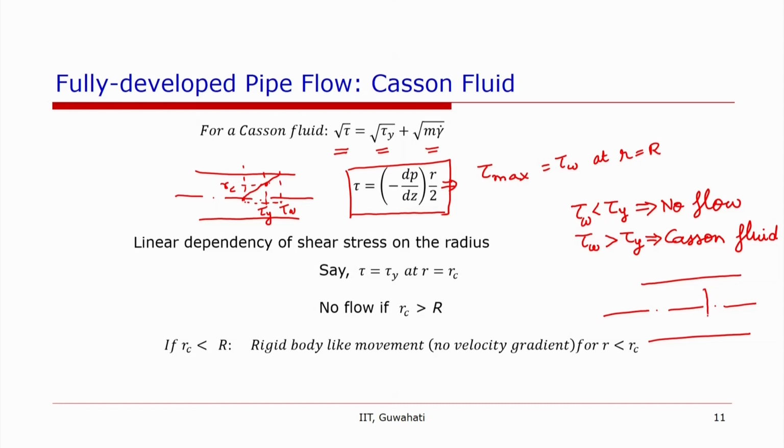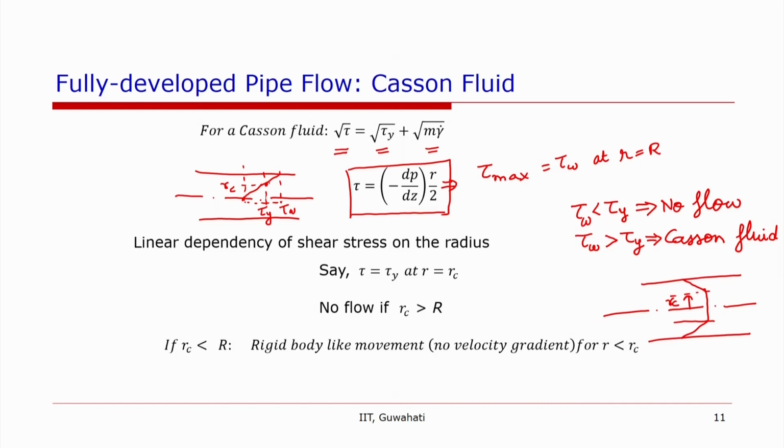So that means that in the channel the condition will be such that there is a yield stress. The stress is less than yield stress in the center, so there will be no gradients or zero gradients there, whereas near the wall above RC there will be gradients.